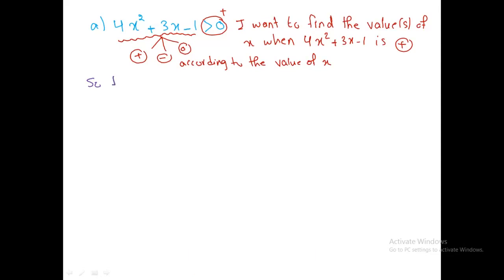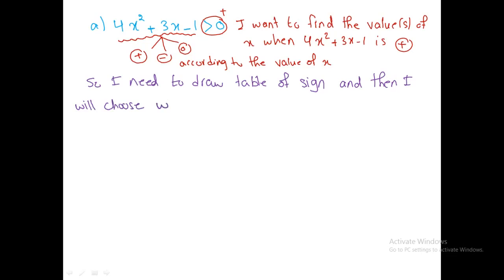So I need to draw a table of sign, and then I will choose where this function is positive.